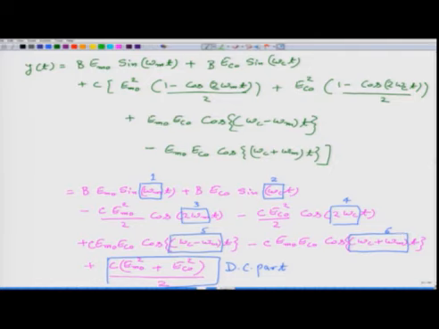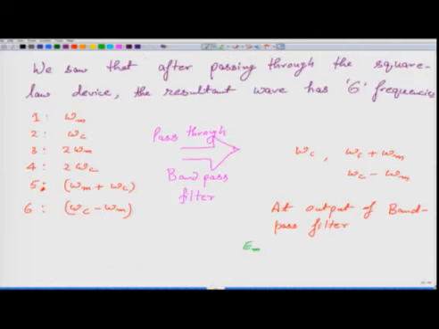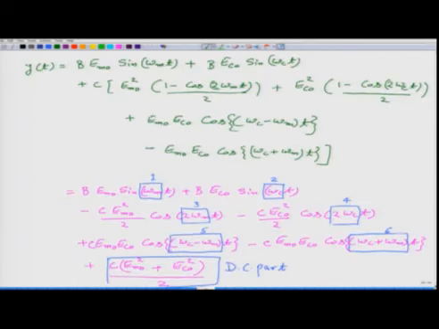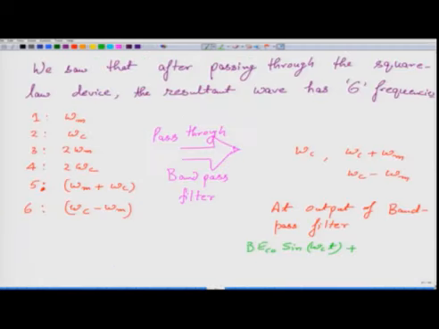So, at the output we will have B E C naught sine of omega c t plus C E m naught E c naught into cos of omega c minus omega m into t.